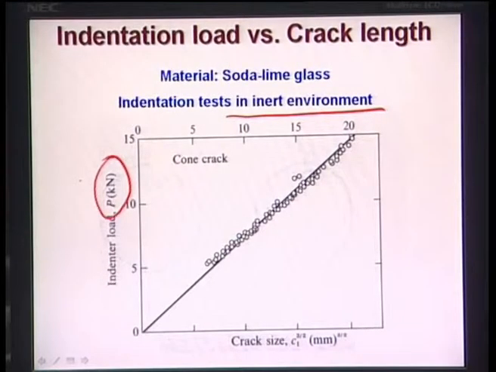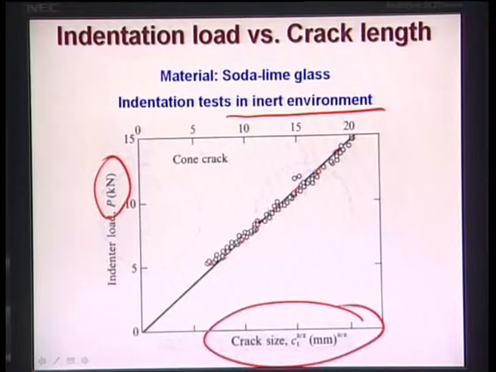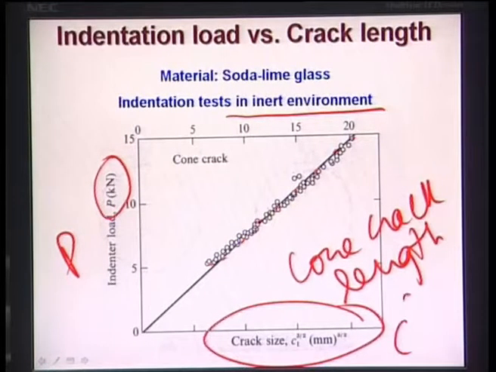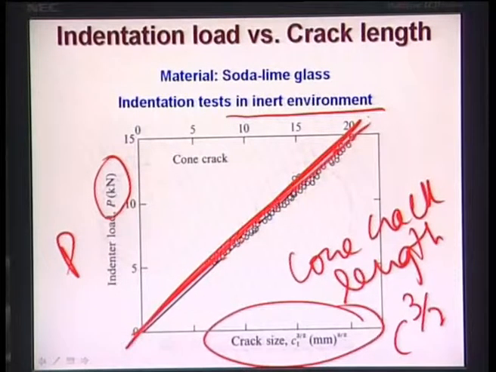so you can exclude the influence of any external liquid environment on the glass materials. Now if you change the load, let's say you start with 5 kilonewton, 10 kilonewton, go to 15 kilonewton, and in each case you measure the cone crack length. Okay, so this is your cone crack length, and if you plot this P versus C to the power 3 by 2, it forms more or less a straight line.